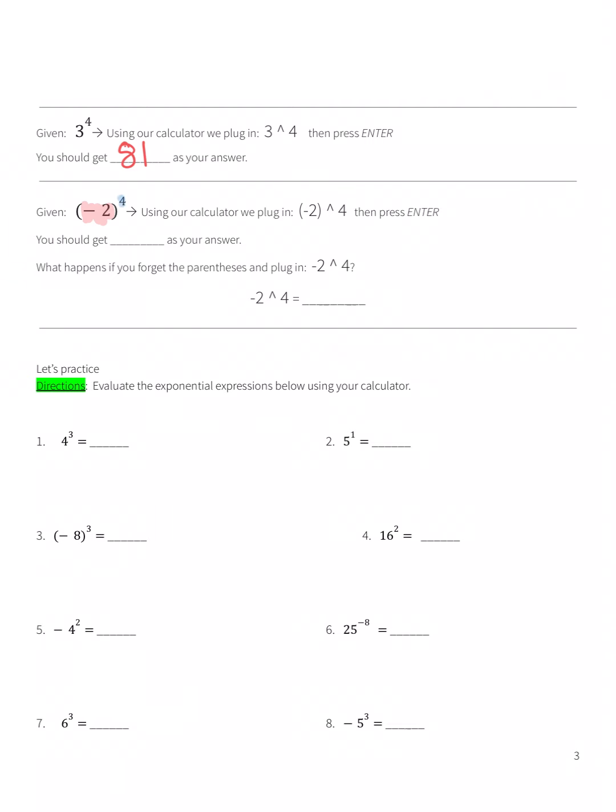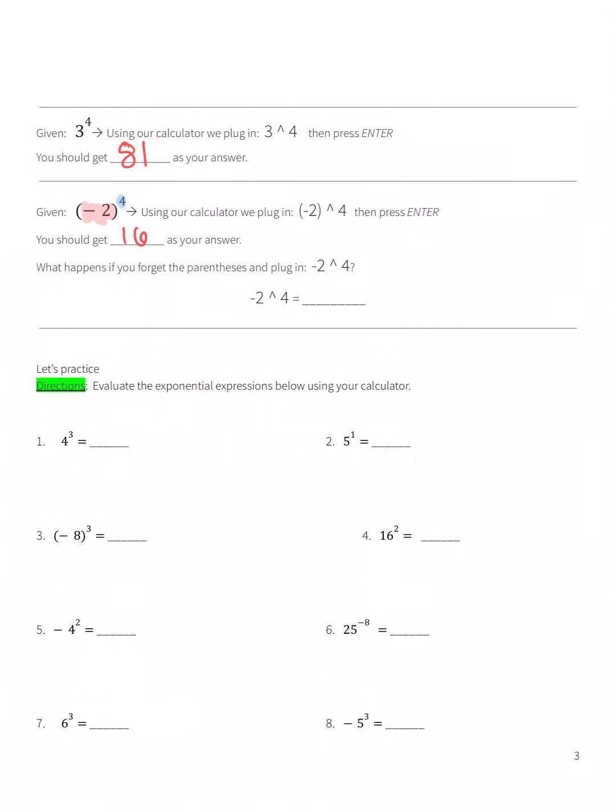Our power is 4. In the calculator, we would type -2, keep those parentheses. Gotta keep those parentheses, write it the same way. So (-2) caret 4. If you put that in your calculator, you would get an answer of 16.